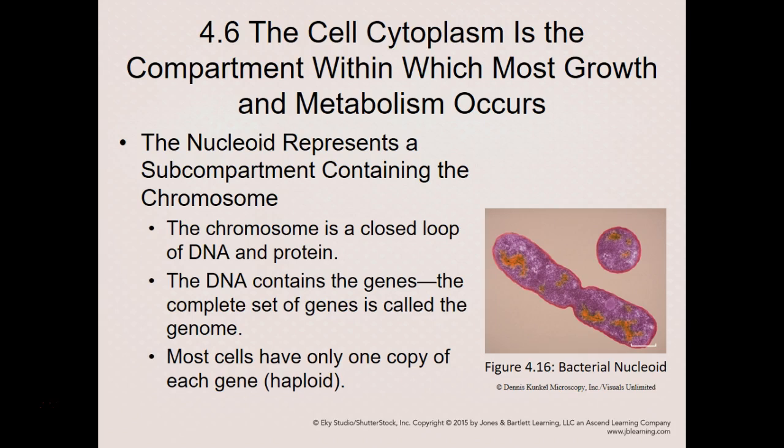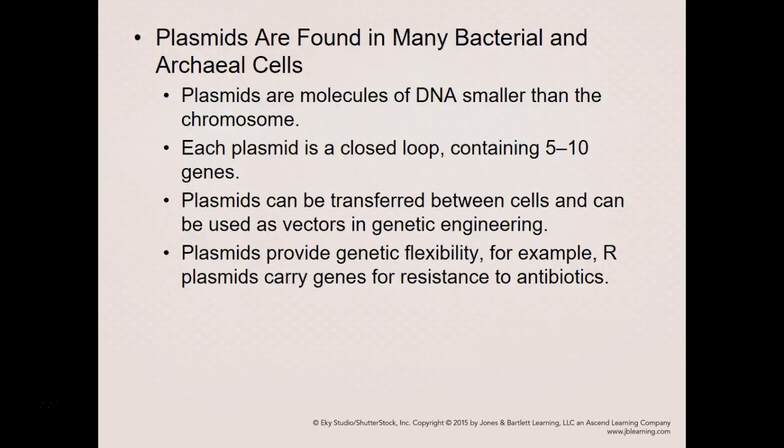But most of the time, bacteria also have extrachromosomal DNA. So not just the DNA found in the chromosome, they have structures called plasmids. Plasmids are smaller structures. They're also rings of DNA, but they don't carry information that is mandatory for the cell to survive.